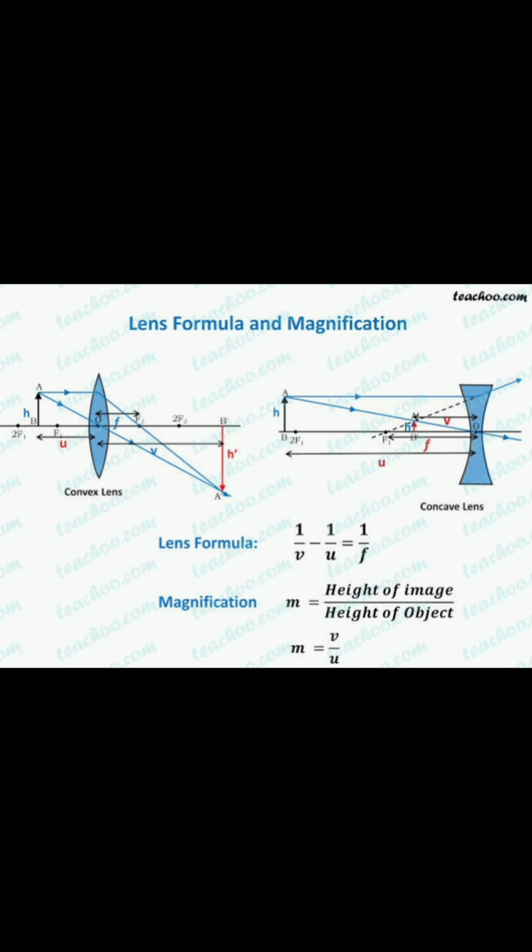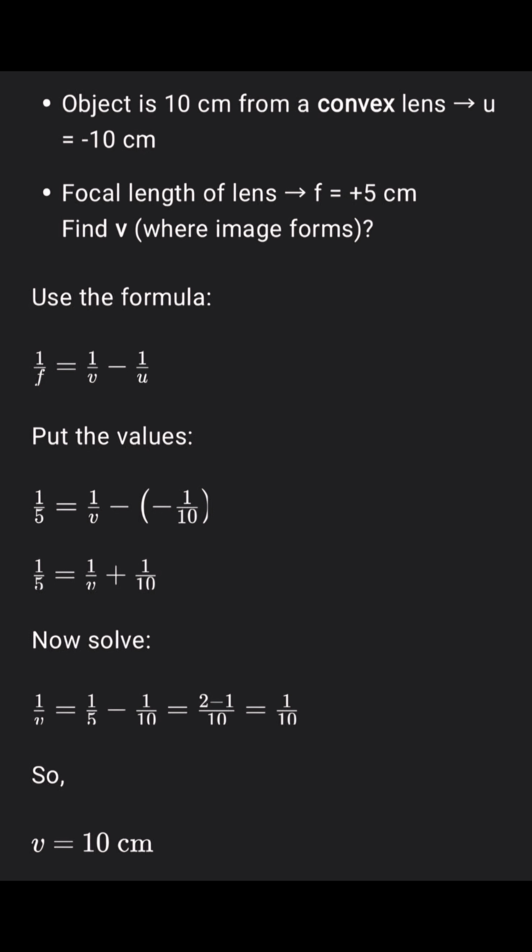The object distance u is always negative, because the object is in front of the lens, and the image distance v is positive for a real image on the other side and negative for a virtual image. Clear? Focal length is positive for a convex lens and negative for a concave lens.